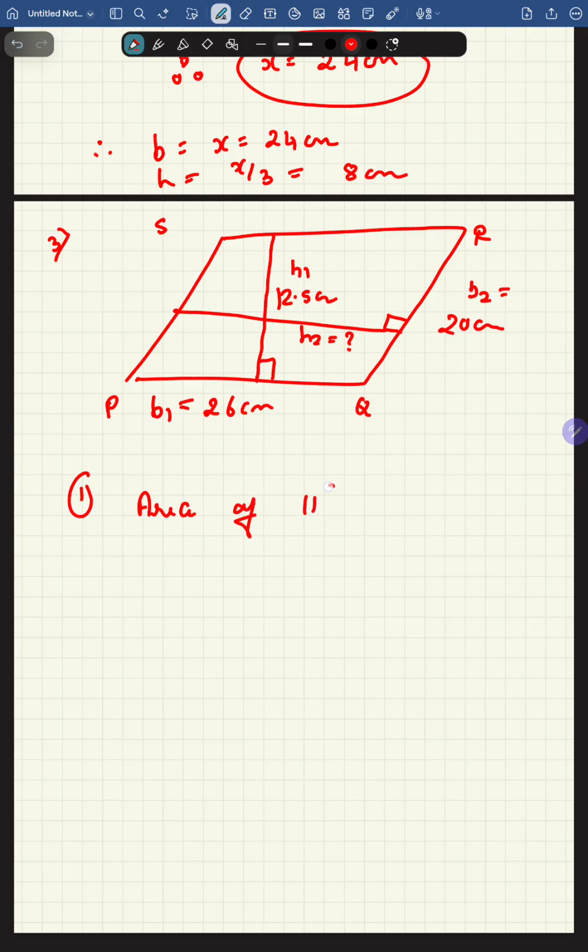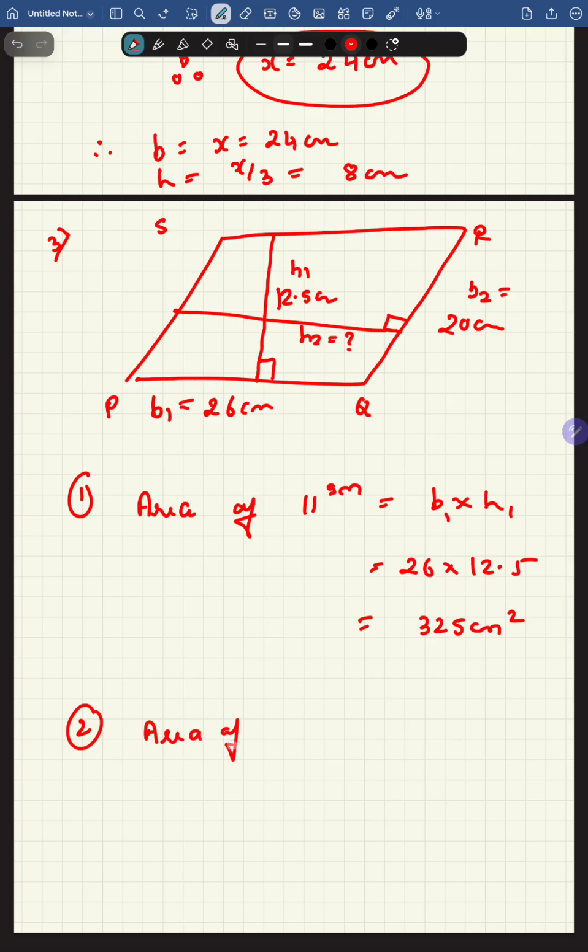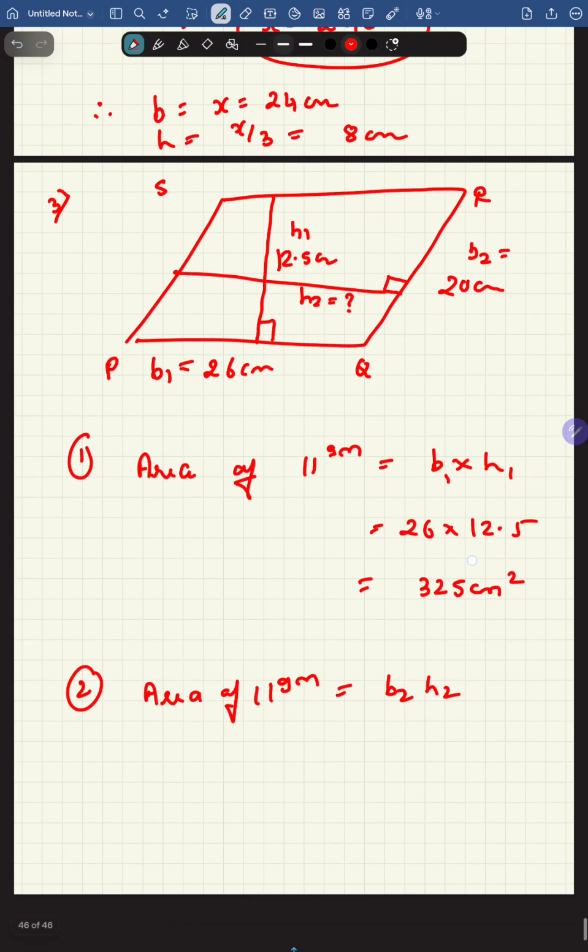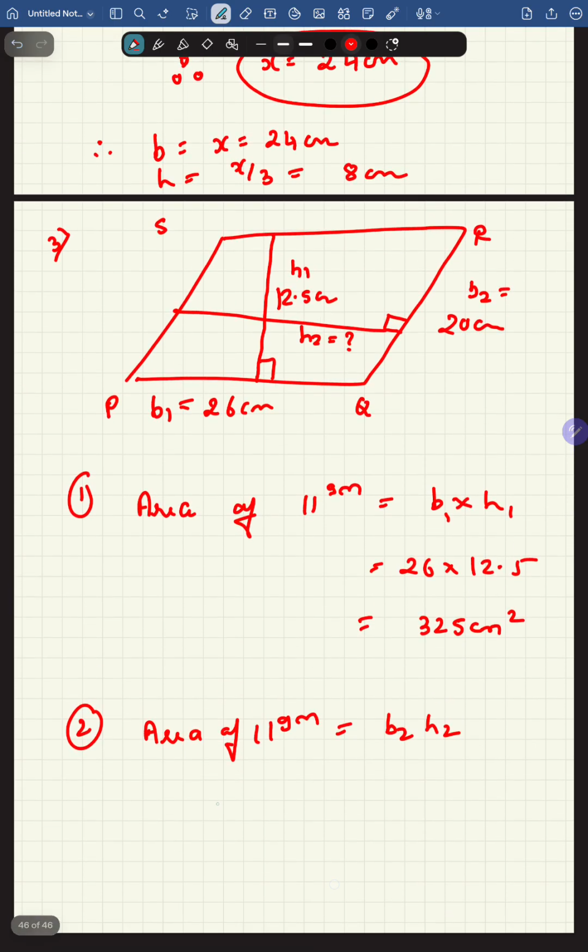Area of parallelogram is base into height. So B1 and H1 both are available. But we also know the area of parallelogram is B2 into H2. Therefore 325 is equal to B2 into H2.